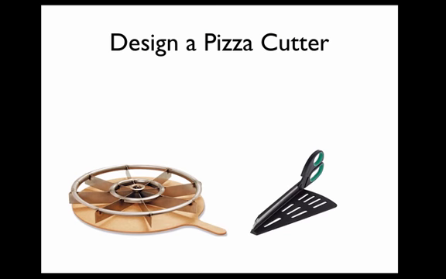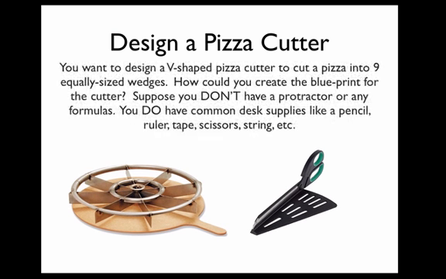Okay, and then we did the design the pizza cutter, and the whole point of this was to see what angle is based upon. And what did we conclude about the basis for measuring angles? Remember?